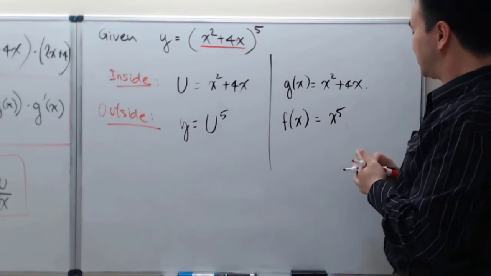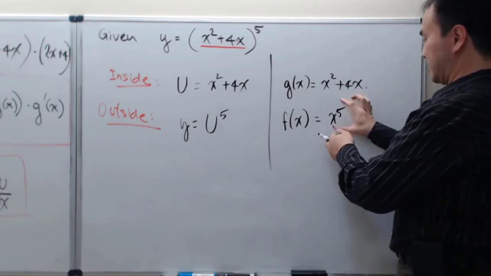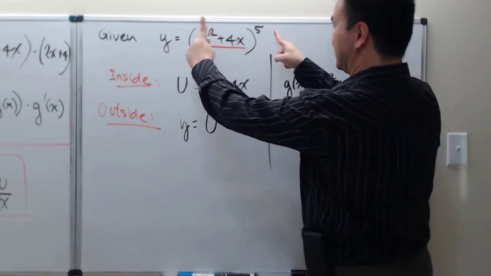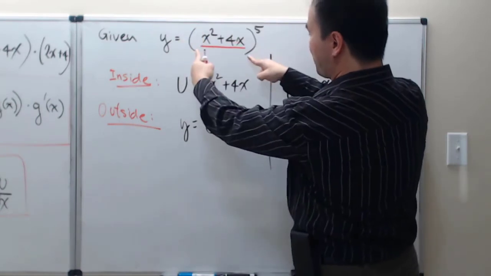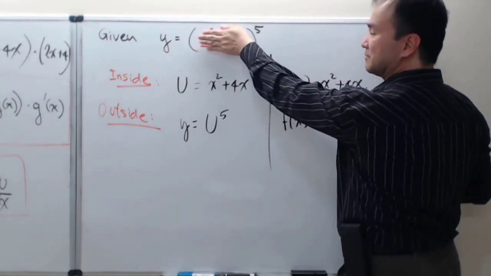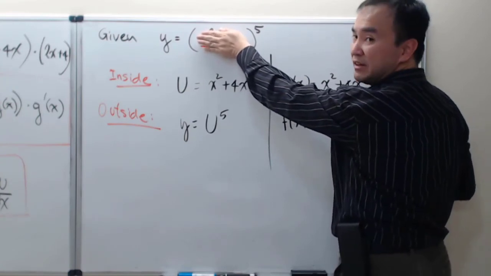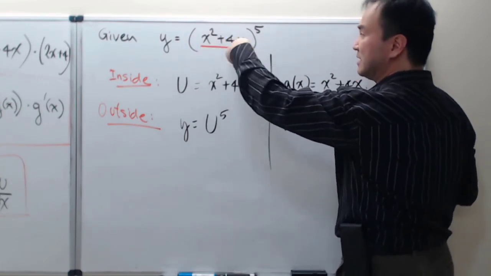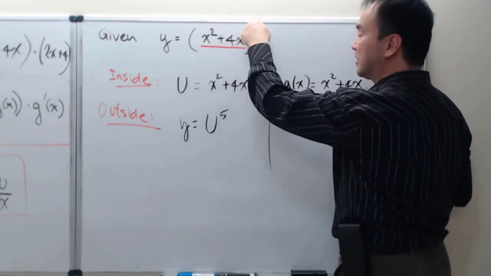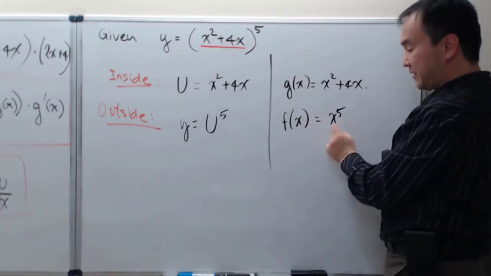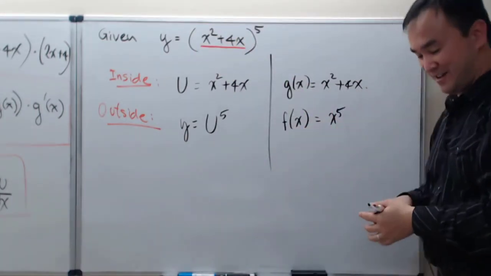The x to the fifth right here is simply because, think about the whole problem. If I hide all that x squared plus 4x, I'm still having some value, some expression being to the fifth, whatever that thing is.